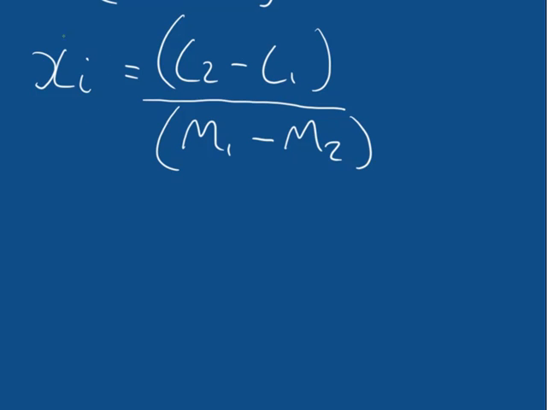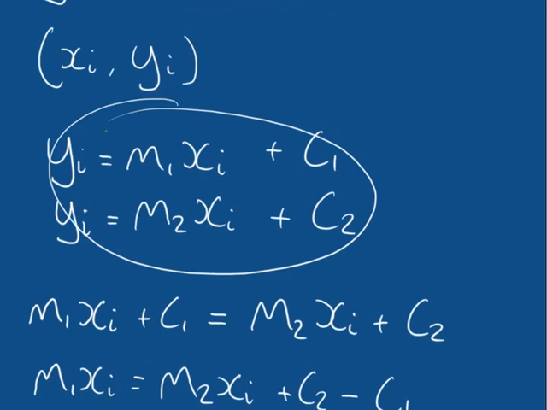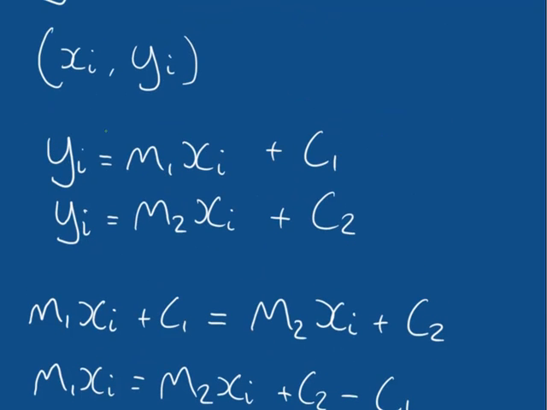So okay, as I said, once we've found xi, we can put xi into either of these two equations to find our value of yi, and that's everything we need to find our point of intersection. We've found xi, we plug that into one of the equations, that gives us yi, which gives us our point of intersection. So let's test this on a simple example.